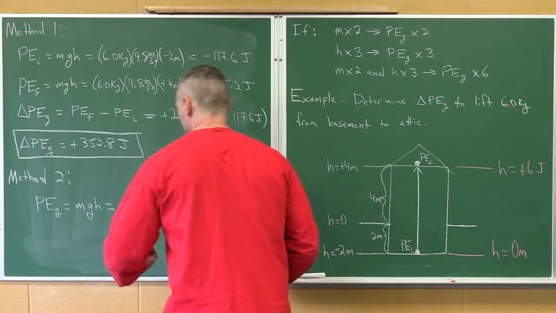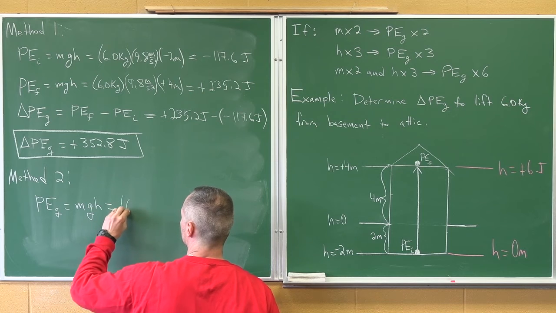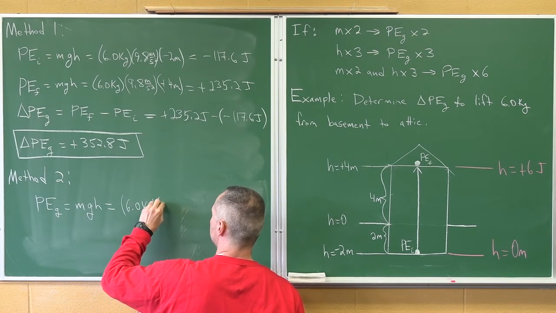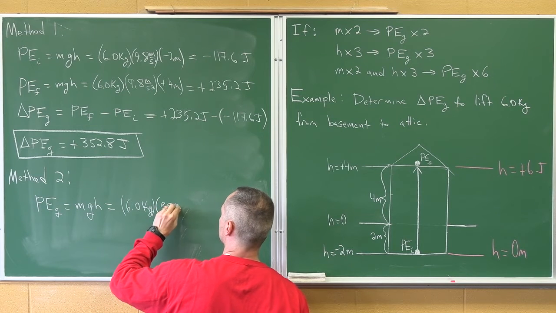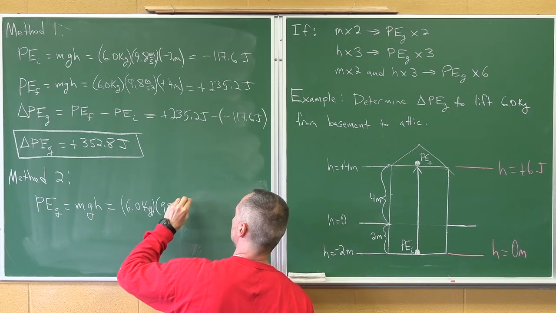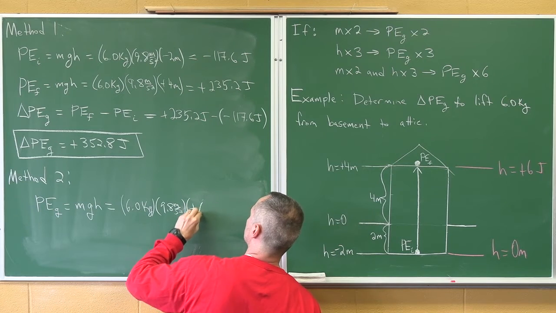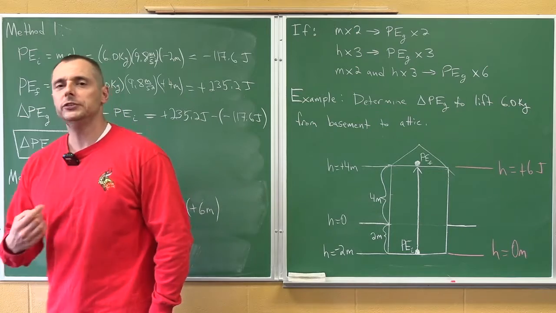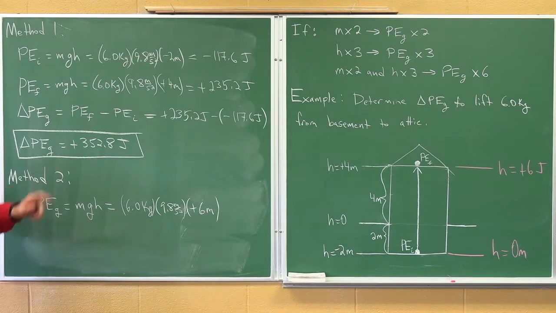And 6 kilograms (9.8), and the new way of looking at it is it's 6 meters above the h equals 0. And when you punch that on your calculator, you're going to get 352.8. And if I ask what's the change when you go from 0 to 352.8, it's just 352.8.